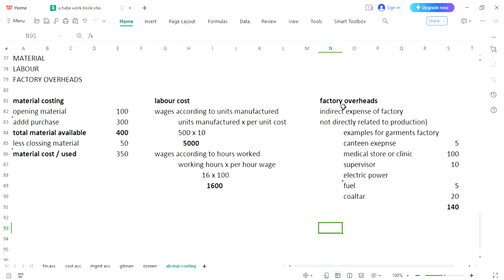Since we are taking examples of factory overhead, you want to purchase fuel. Before purchasing fuel, you will plan how many liters you want to purchase, how much could be the cost. You will take quotations from different sources, you will Google it, you will go to the wholesalers of fuel providers, and there you will take the prices.